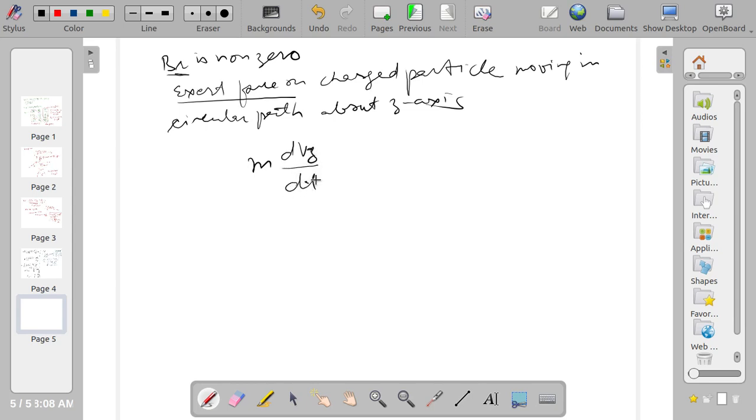So m dv_z by dt is equal to e by c v_r, right?